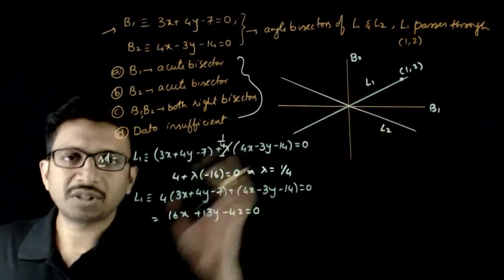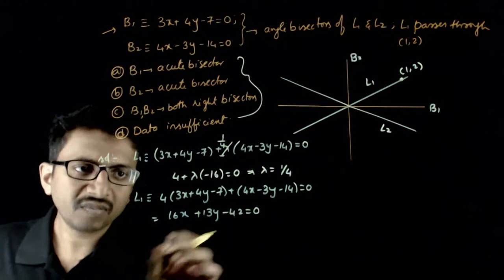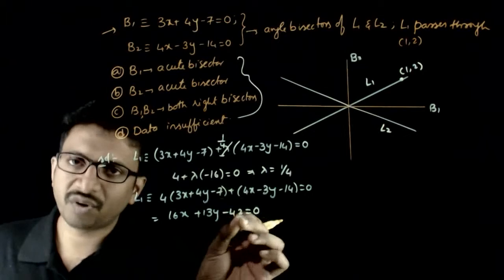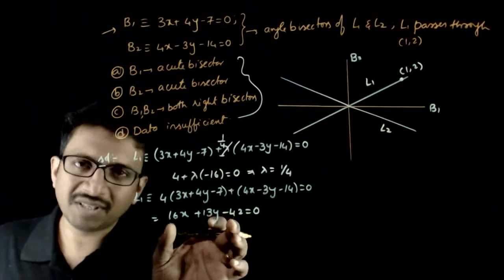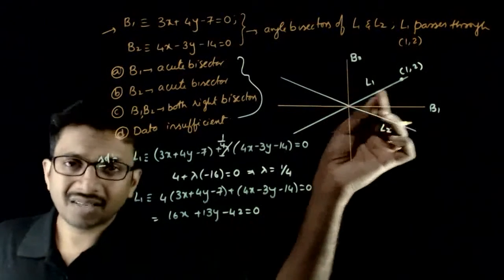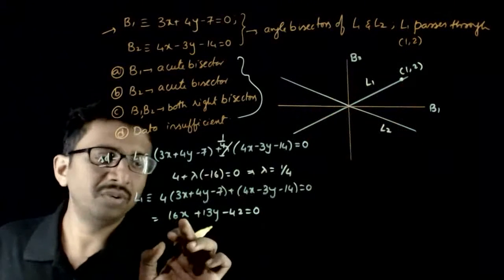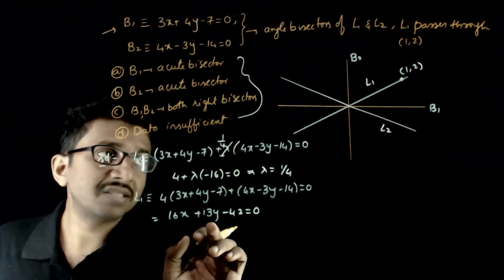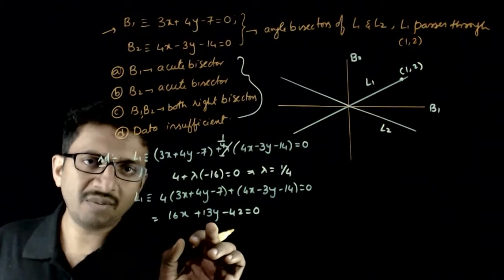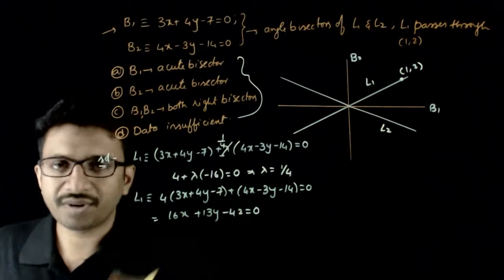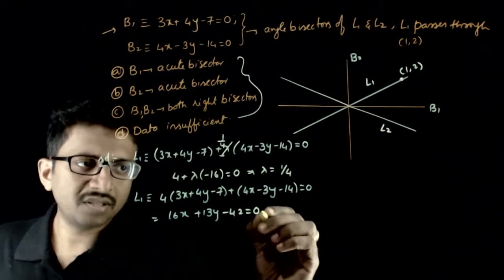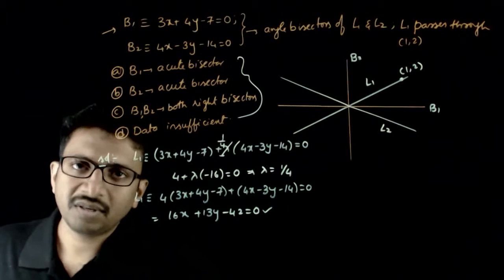So this will be the equation of L1: 16x + 13y - 42 = 0. Before going further, let me confirm whether this calculation is right. I just need to put (1, 2): 16 + 26 = 42, minus 42 is equal to 0. So this is okay. This is the equation of L1.